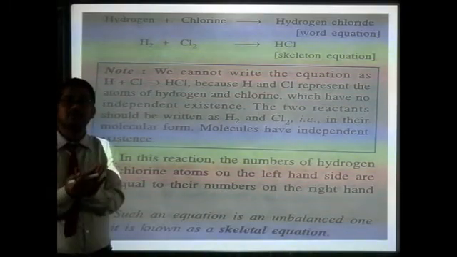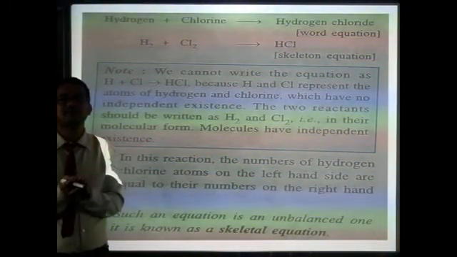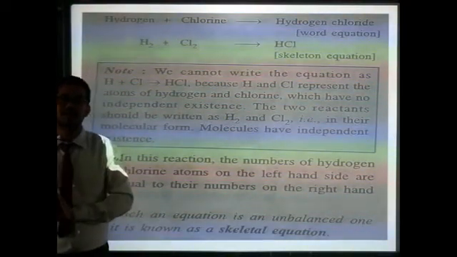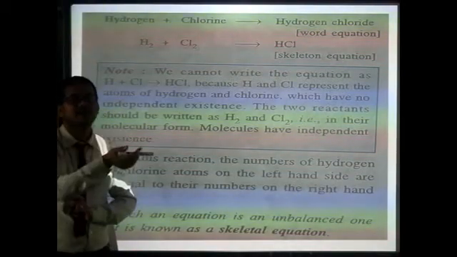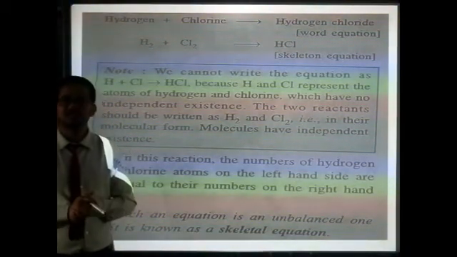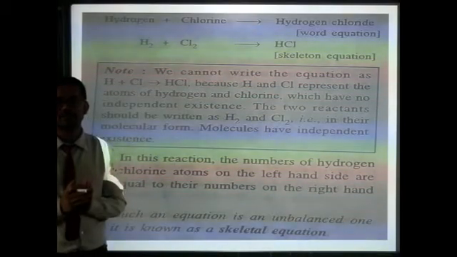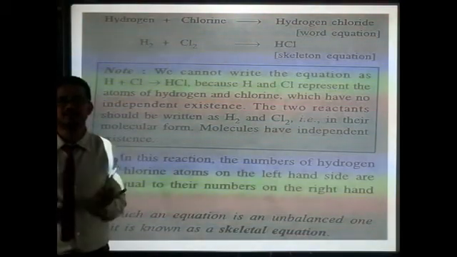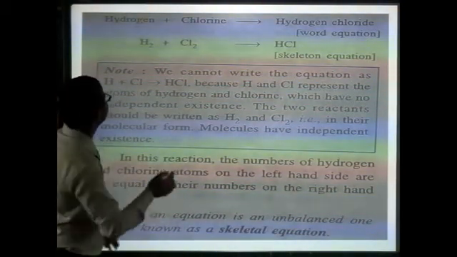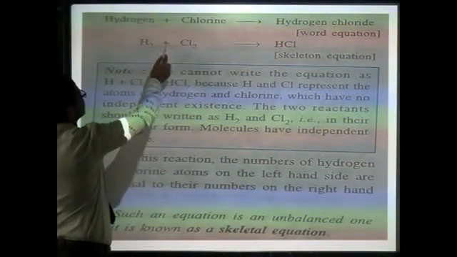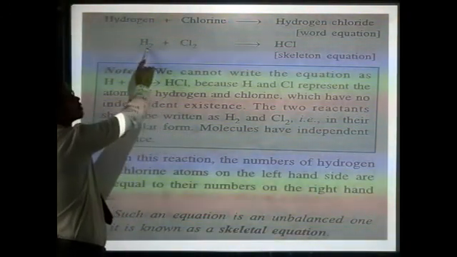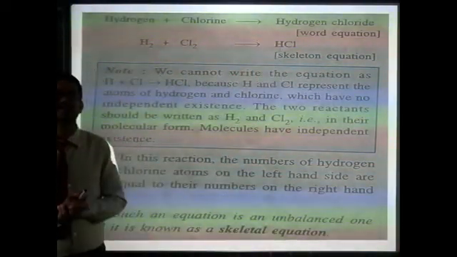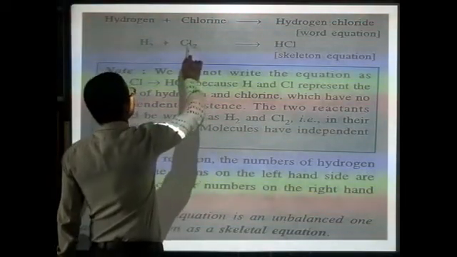If the number of atoms of a particular element on the left hand side is equal to the number of atoms of that element on the right hand side, then the equation is said to be balanced. If the number of atoms of the particular element on both sides is not equal, then it is not balanced. So here you can see H2 plus Cl2 gives HCl. How many atoms of hydrogen are here? 2. And here 1. So not balanced. How many atoms of chlorine are here? 2.